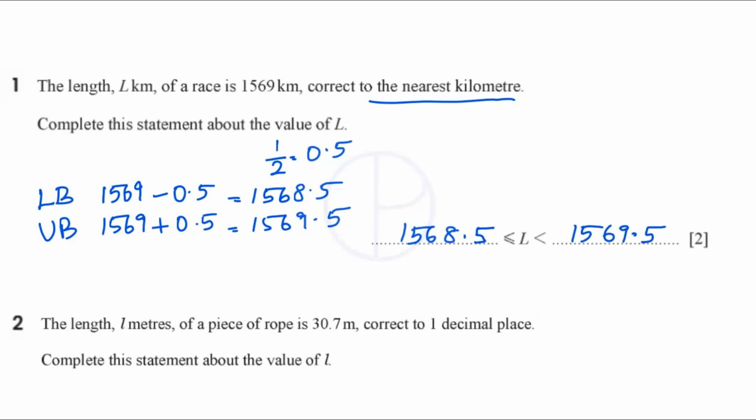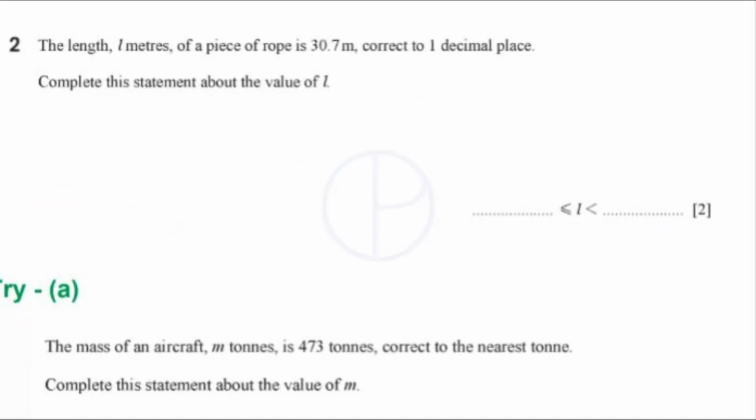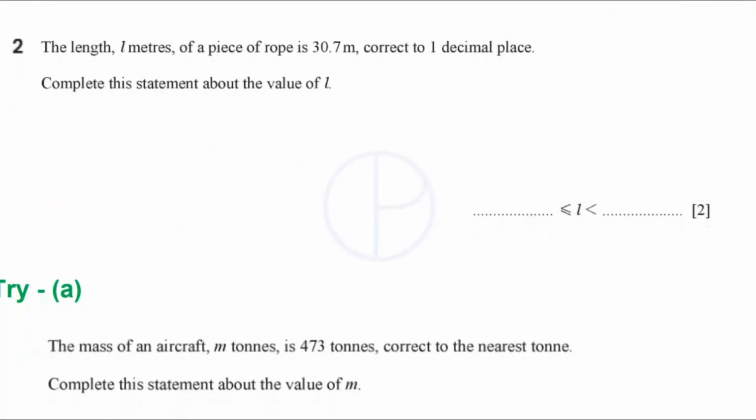The next question is, the length L meters of a piece of rope is 30.7 meters, correct to 1 decimal place. Complete this statement about the value of L. Correct to 1 decimal place, so 0.1 divided by 2 is 0.05.